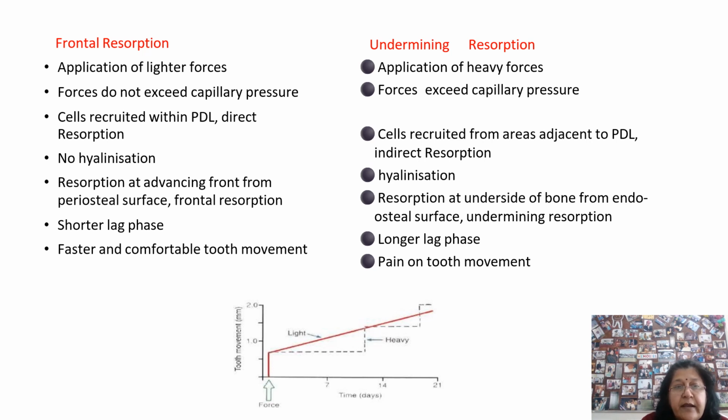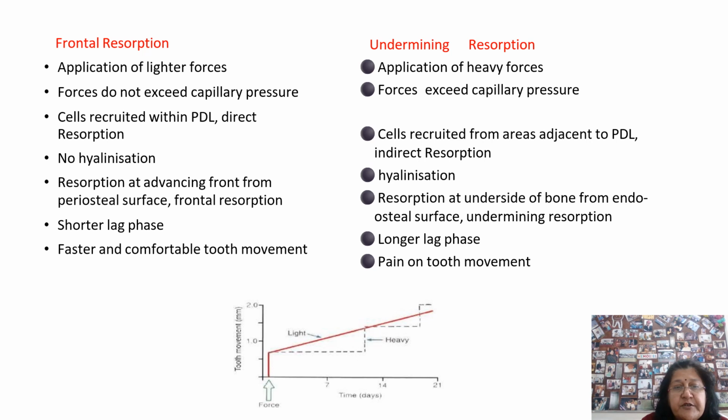In light forces, no hyalinization is occurring, whereas heavy forces cause hyalinization to occur. Resorption is at the advancing front from the periosteal surface, so it is known as frontal resorption, whereas undermining resorption is at the underside of the bone from the endosteal surface.